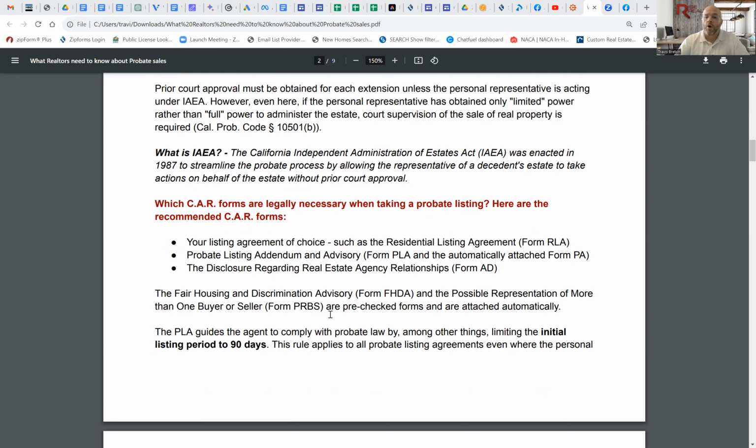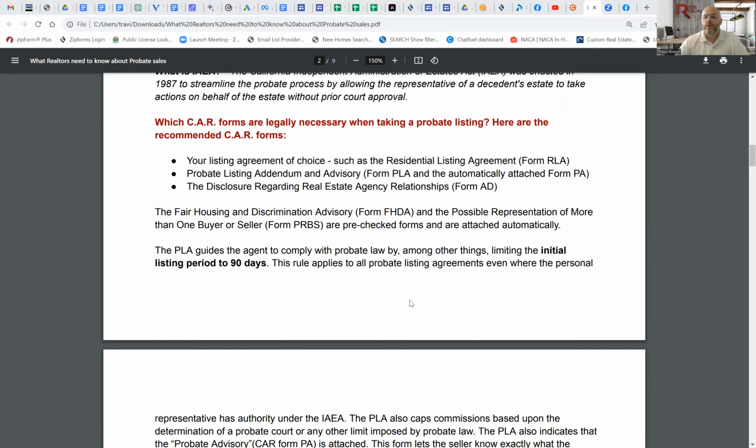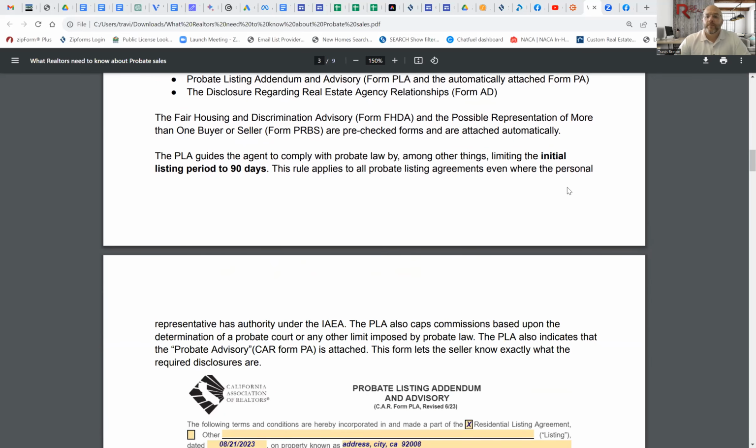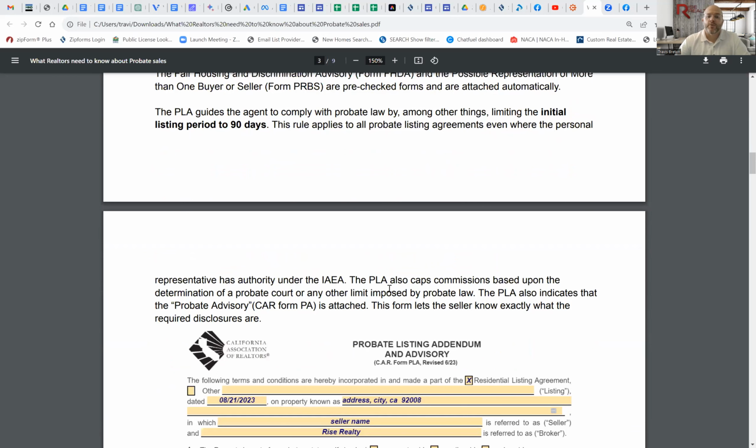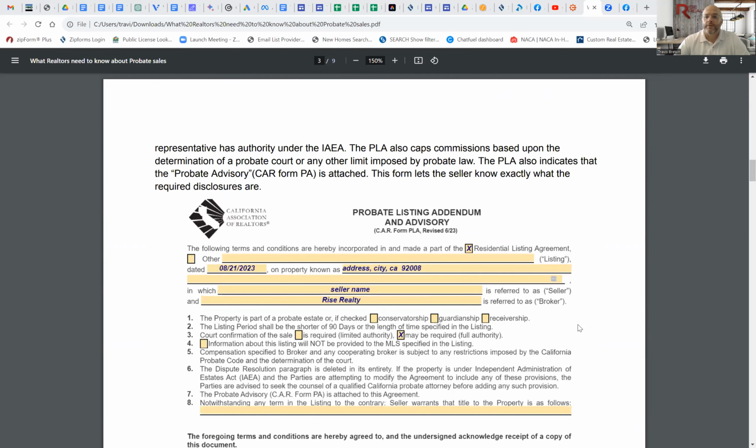This rule applies to all probate listing agreements, even where the personal representative has authority under the IAEA.